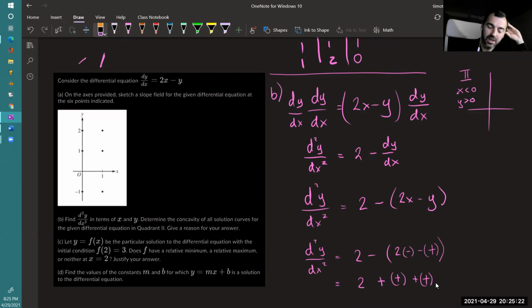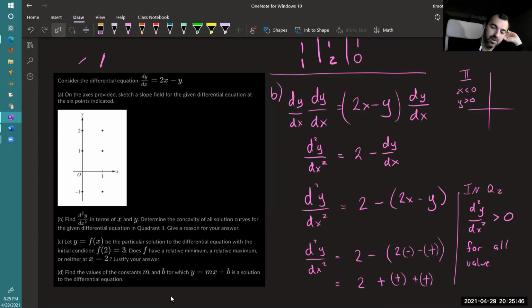And so in justification, where you give the reason for your answer, we would probably have to write down something like: in Q2, d2y/dx2 is greater than 0 for all values of x and y.